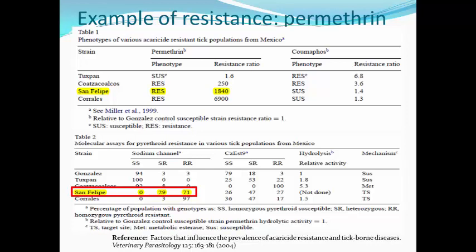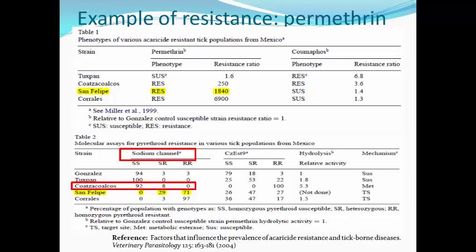And if we look at the least resistant strain of the 3, which is the Coalsacas, almost all of them, 92%, carry the homozygous susceptible gene, which would indicate that the sodium channel mutation is not really the mechanism responsible for showing any degree of resistance. And in fact, if we look to the right on the bottom table, they also look at a different mechanism of resistance, which is based on the metabolism or detoxification of the permethrin.